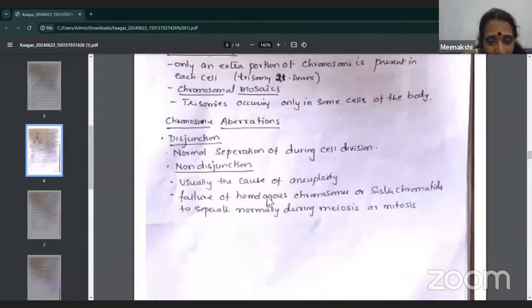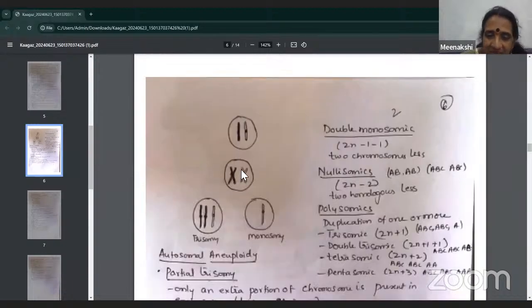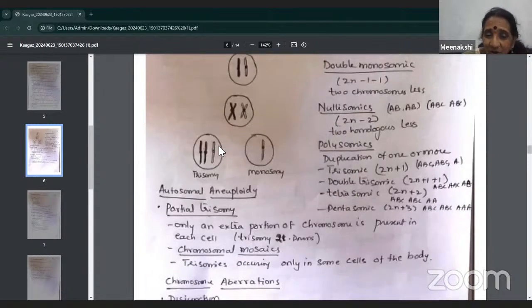Here, the homologous chromosomes or the sister chromatids will not separate properly during mitosis or meiosis. As a result, when it is undergoing meiotic division, the kinetochore should break properly, but here it is not breaking properly. As a result, you will see a pair of extra chromosomes.